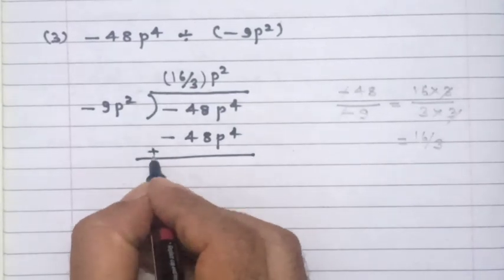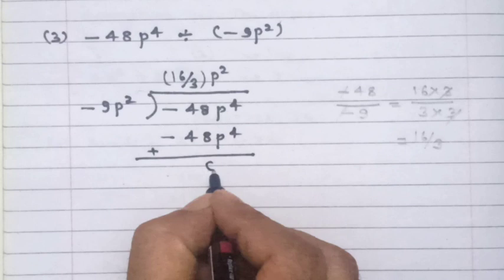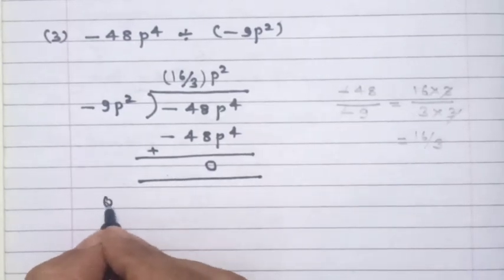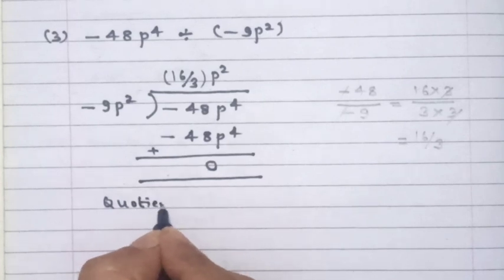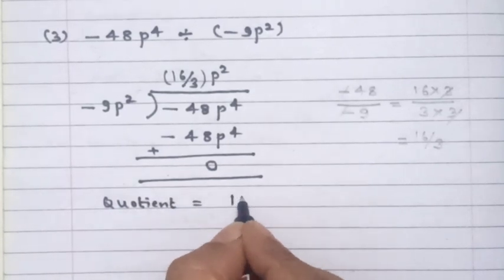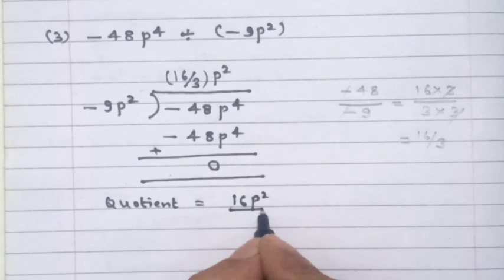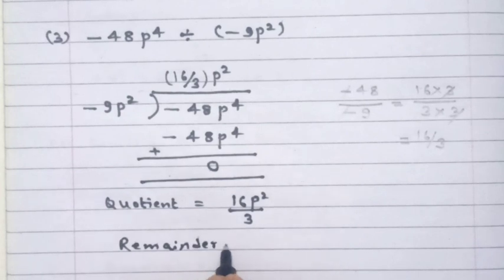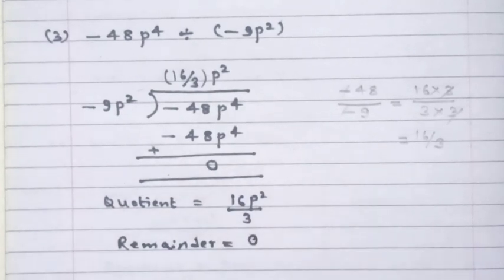So minus minus plus gives you 0. Here your quotient will be 16p square upon 3 and remainder will be equal to 0.